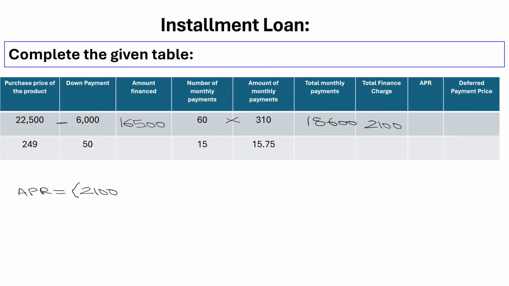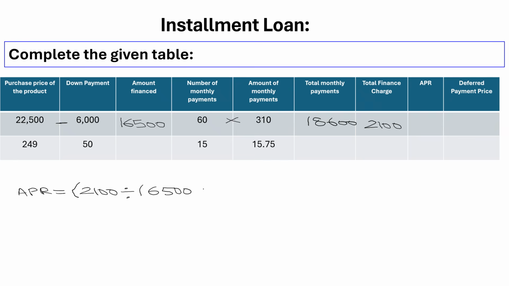So total cost of credit, which is 2,100, divided by the loan amount. What is the loan amount? The amount finance, which is 16,500.